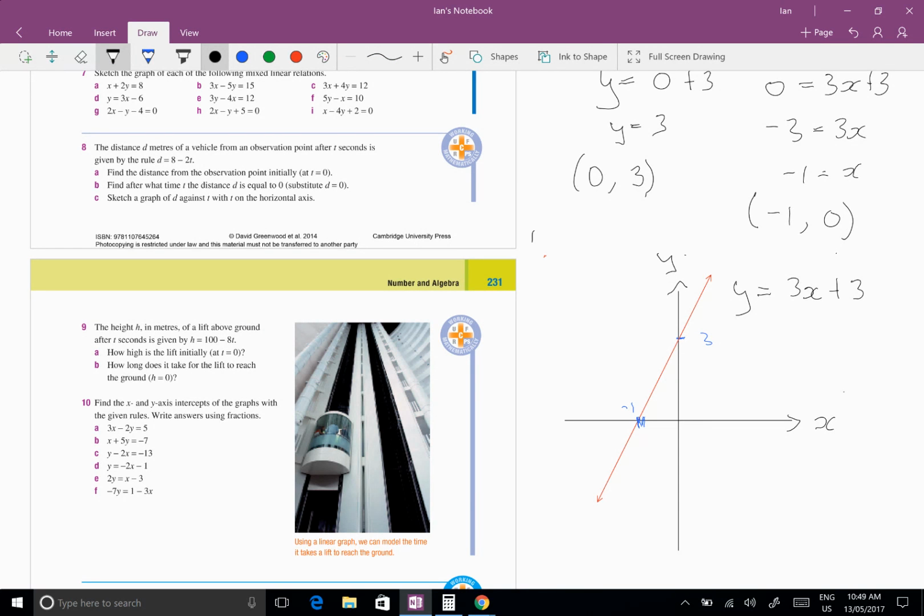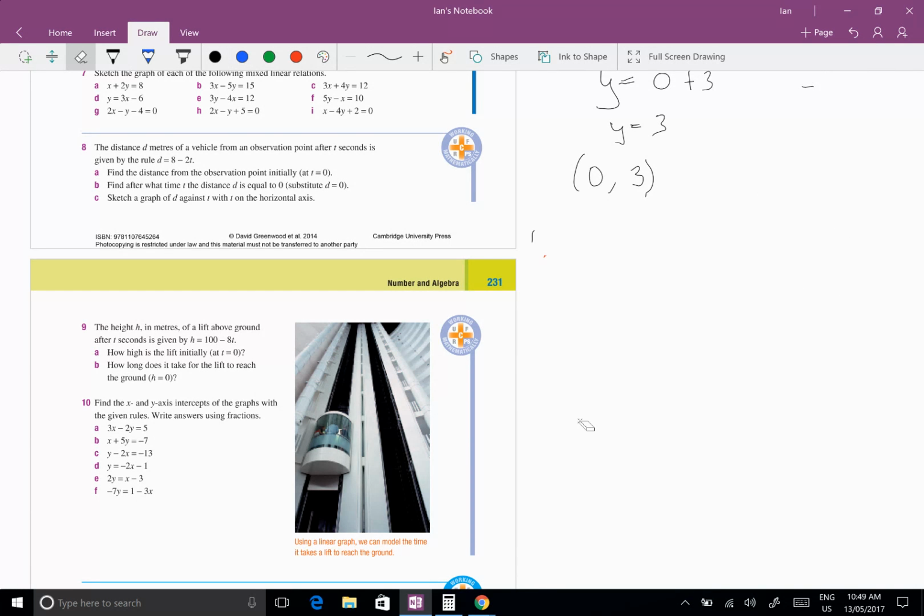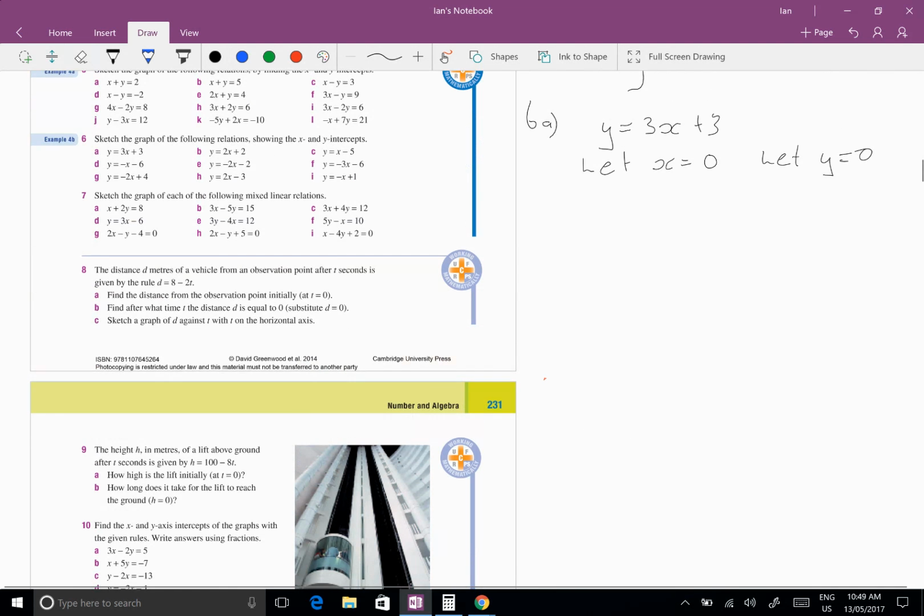Well, let's do a harder one from 6. Let's try 6g. And 6g is y equals -2x plus 4.